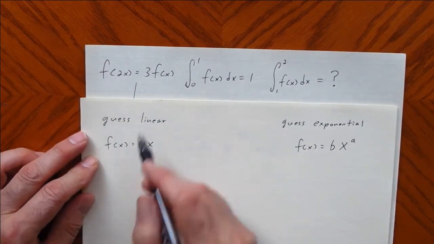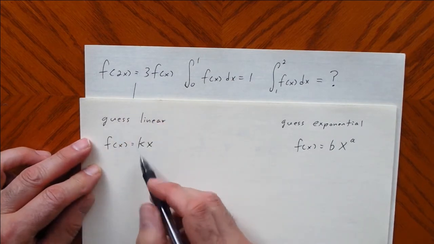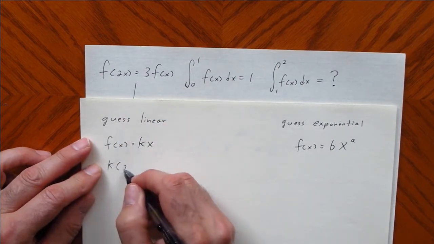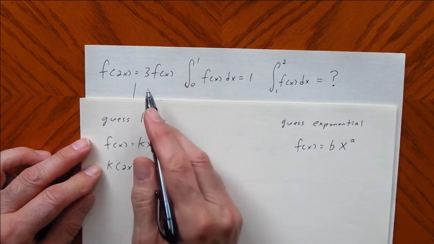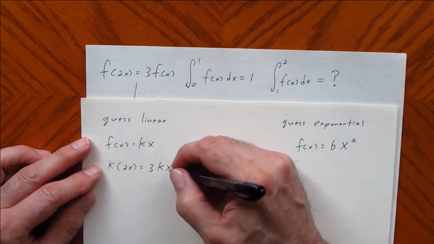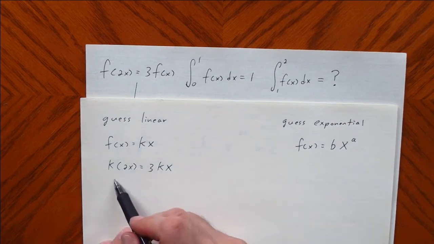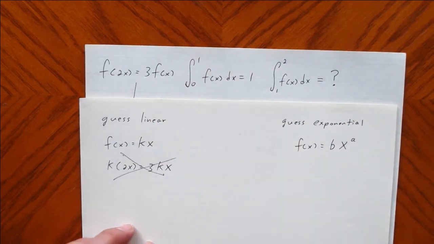So let's put that in here. We have k times 2x equals 3kx. What this is basically saying is that 2kx equals 3kx. I'm afraid not. That's not true for all x, so we know we do not have a linear function.